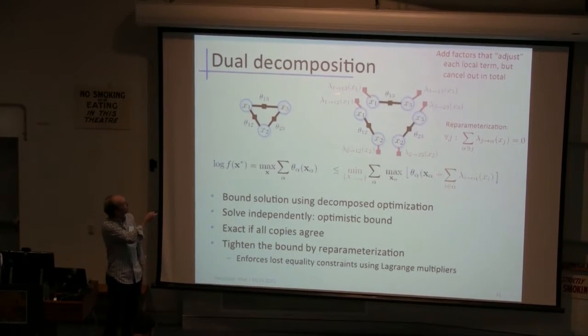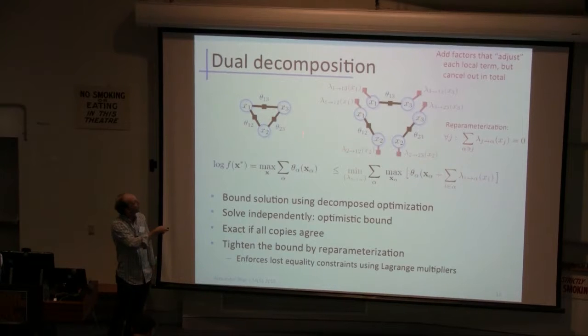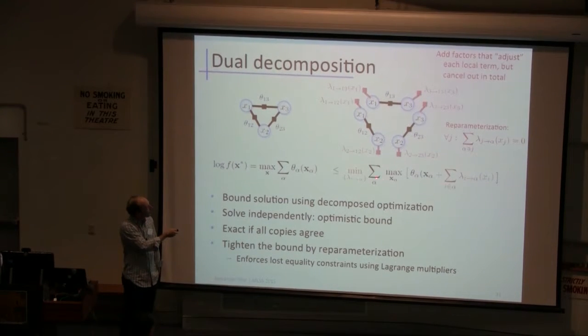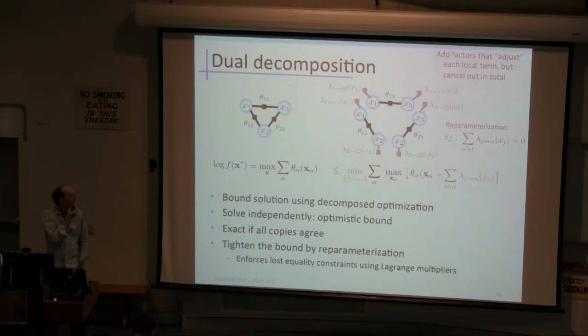So this factor over x1 has to exactly cancel with this factor, so that when I add all these functions together, I get exactly the same model as before. Okay? Now we have exactly the same relaxed bound, maximizing individually within each factor, but now we have these extra reparameterization terms, and we can try to minimize over those reparameterizations.